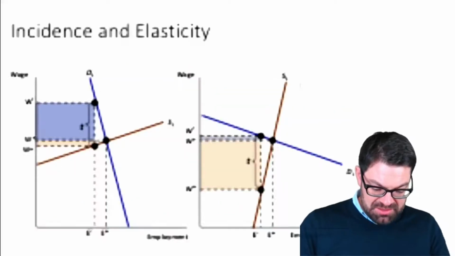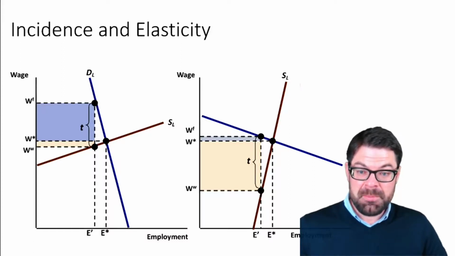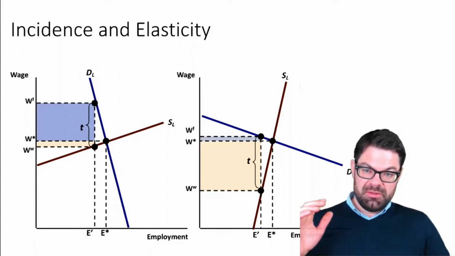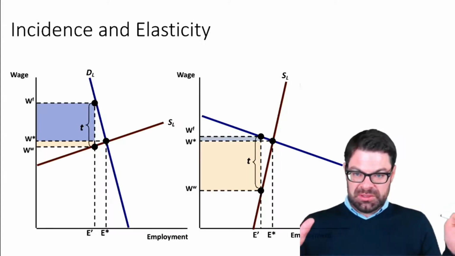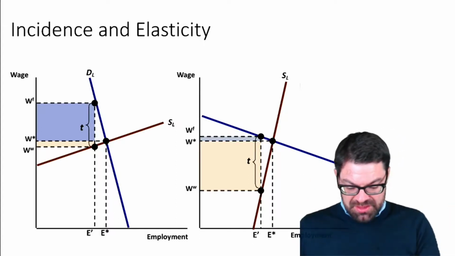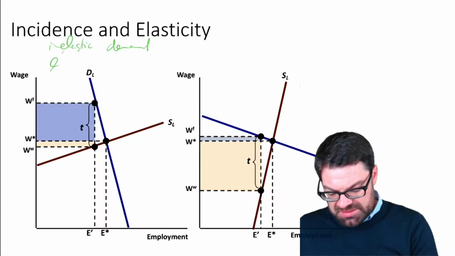So let's look at this in this graph here. I've chosen two extremes. The extreme on the left is inelastic demand and elastic supply.